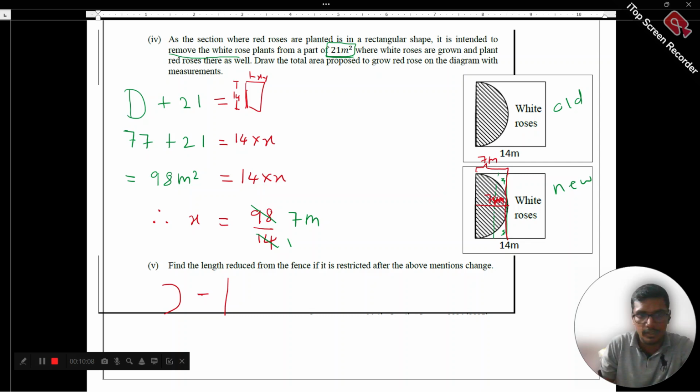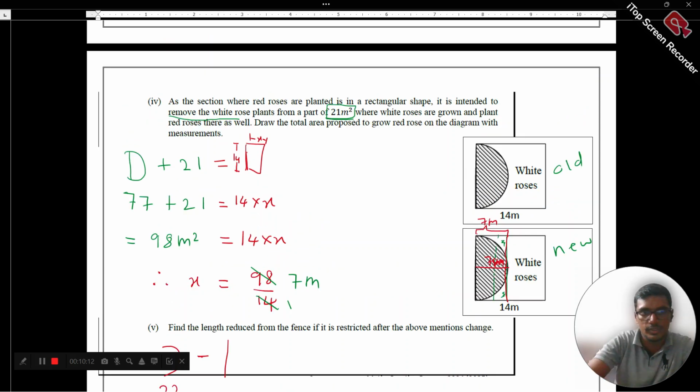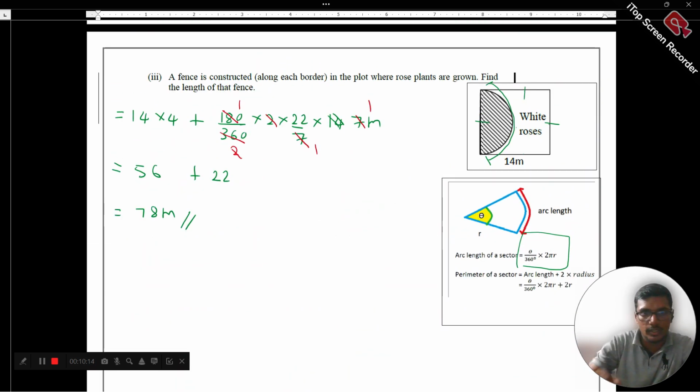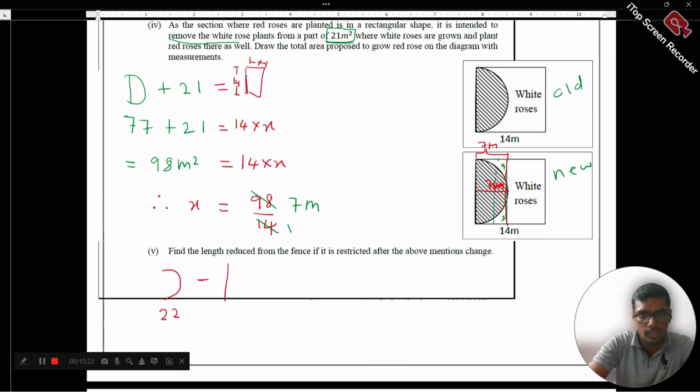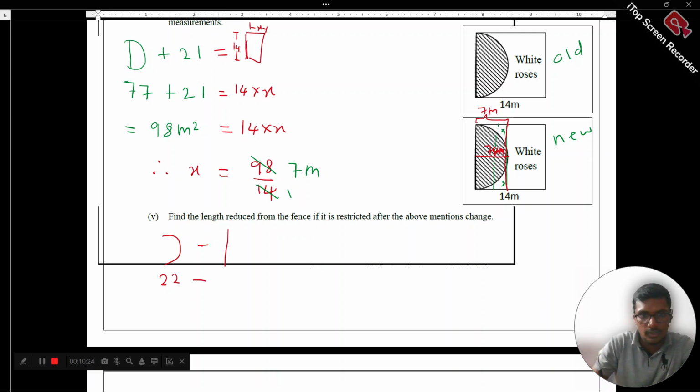Earlier the curve length was 22. This is the sector part, the arc length, 22. We change this length to a straight line, and the straight line length is 14.